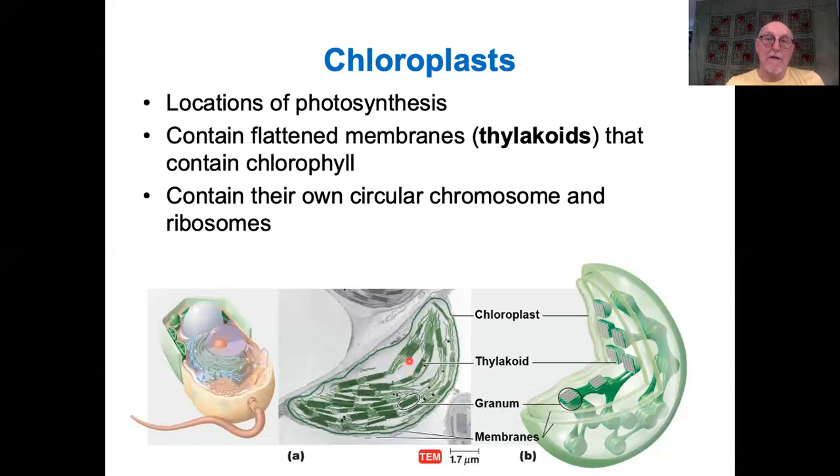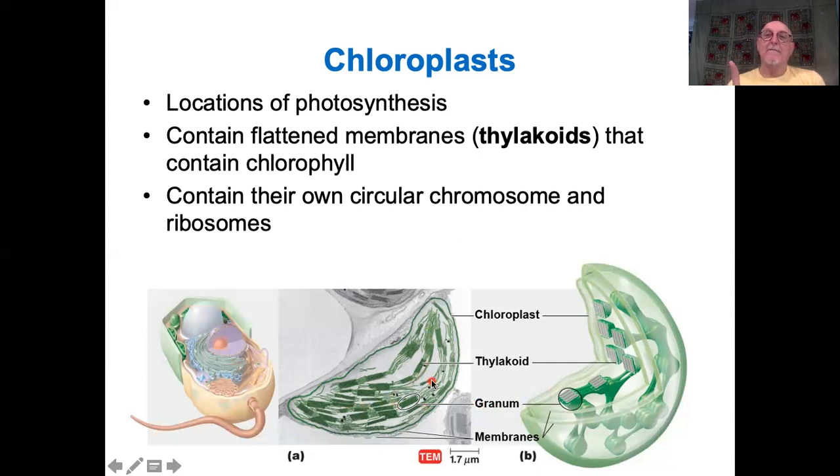So, quite a complex structure. The green color of chlorophyll is embedded in these membranes and gives the plant a fundamental green color, although plants can have other pigments which color them. But the really important active photosynthetic pigment is chlorophyll, and that is embedded in these membranes.